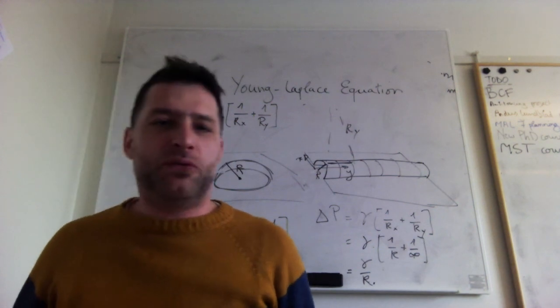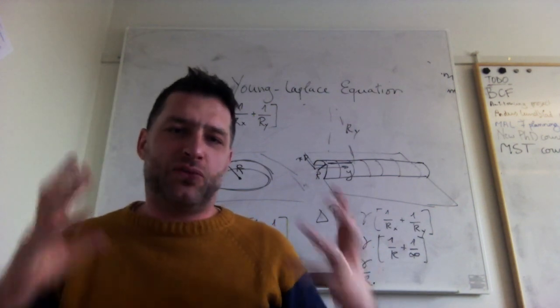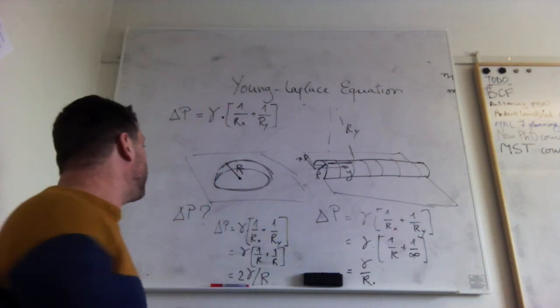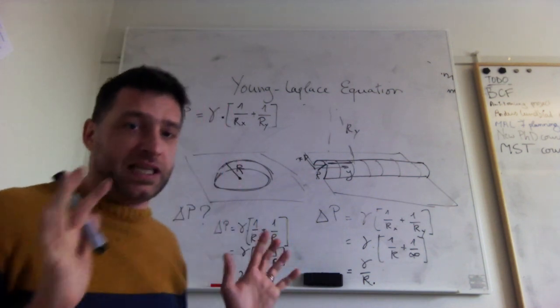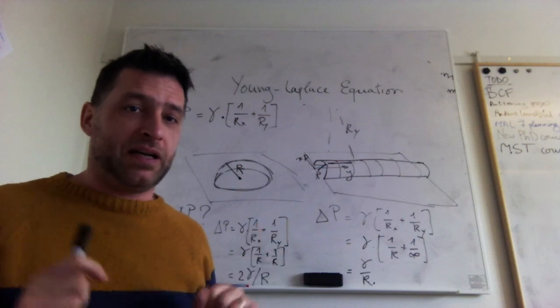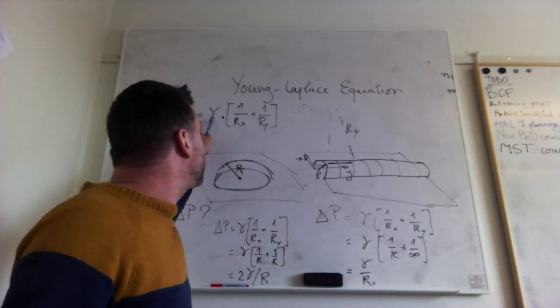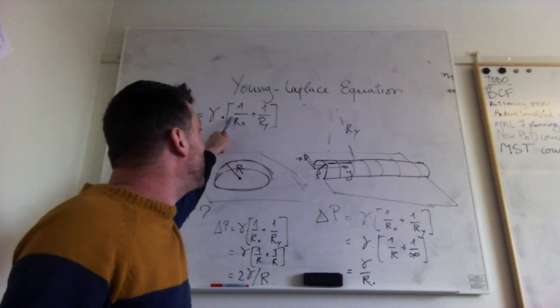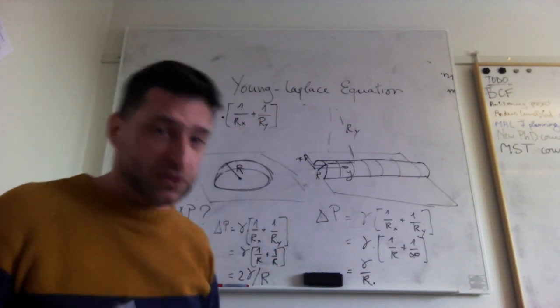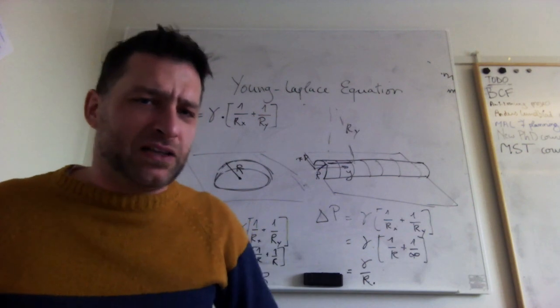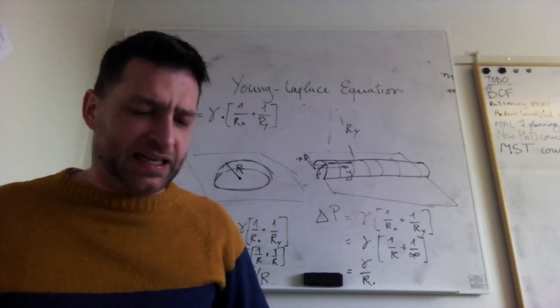And so if I have a free interface that is stable, I will know that the pressure drop is constant, it's stationary, it's stable stationary. And so any system where the delta P is constant, where Rx plus Ry is constant, will give you a possible soap film, or possible interface system that is in equilibrium.